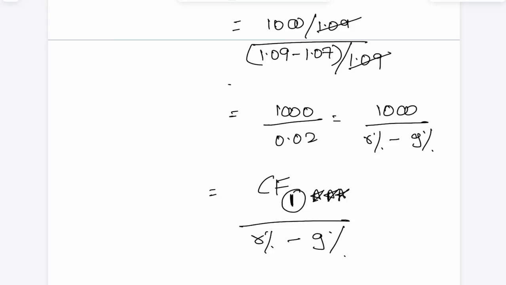It is CF1 divided by R% minus G%, where CF1 is the cash flow of year 1. Write down the next line.